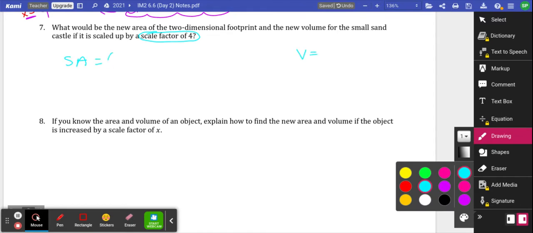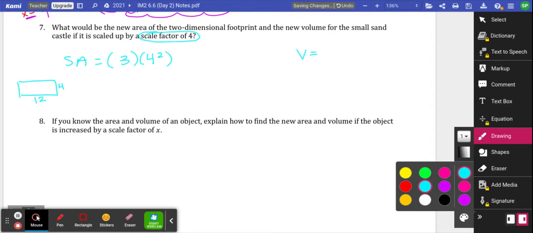So remember, our original surface area was 3 feet squared, right? And what we're going to be doing is taking our length and our width and multiplying by 4 for each. So that's an additional 4 times 4. So an additional 4 squared, right? If you want to think about this in terms of a picture, we're taking 3 times 4, so 12, and 1 times 4, which is 4, right?